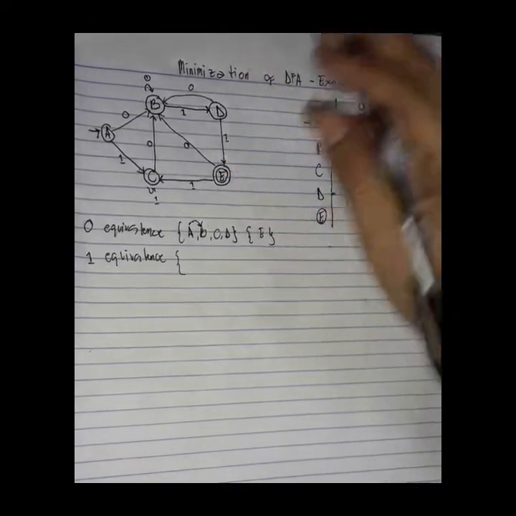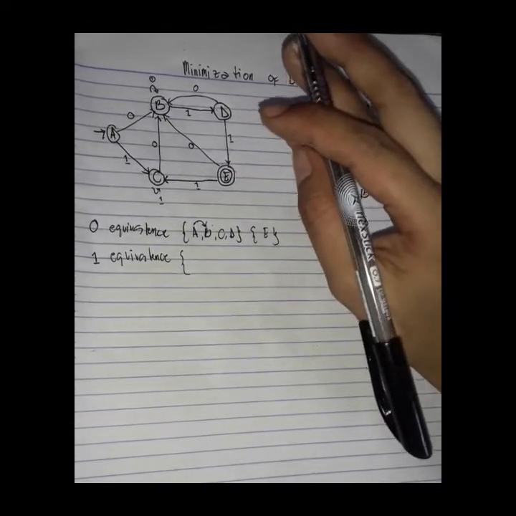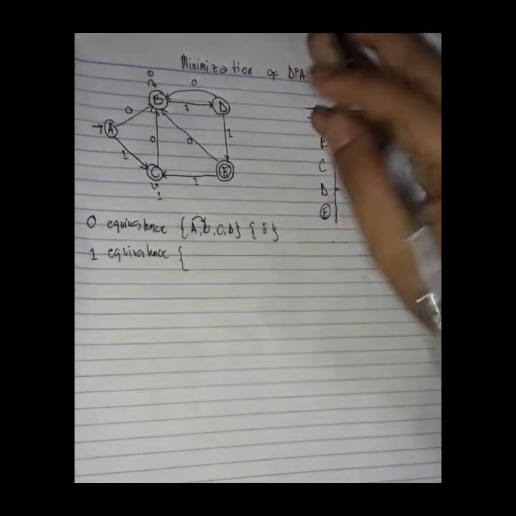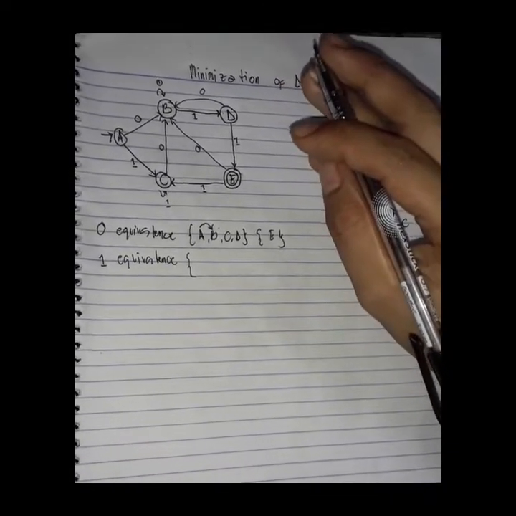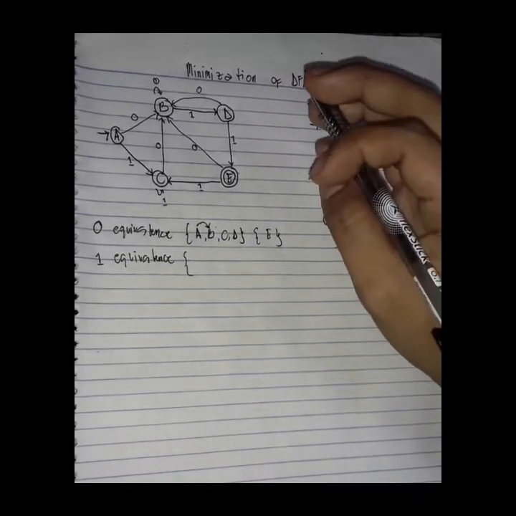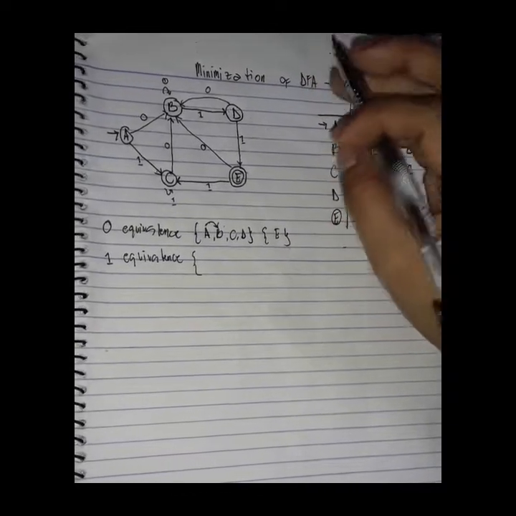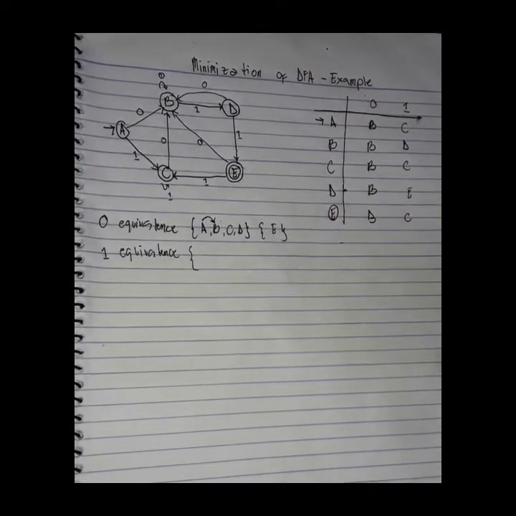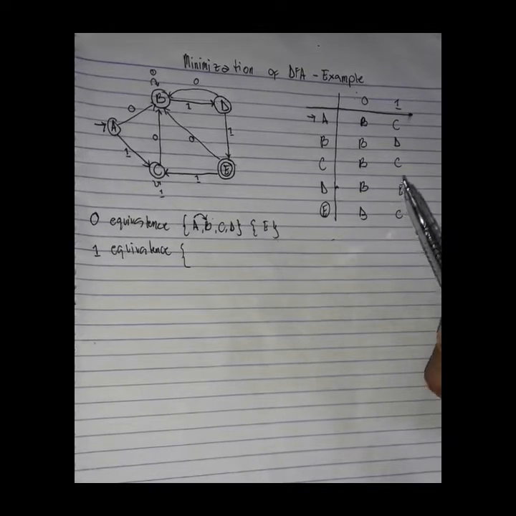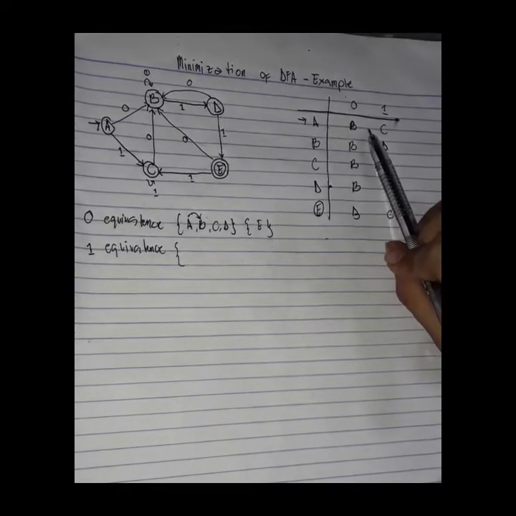First we need to check A and B. We need to check them in the transition table, looking at where they go on input 0 and 1.